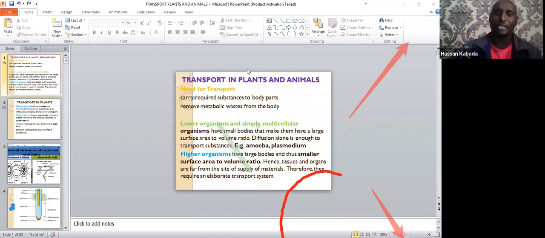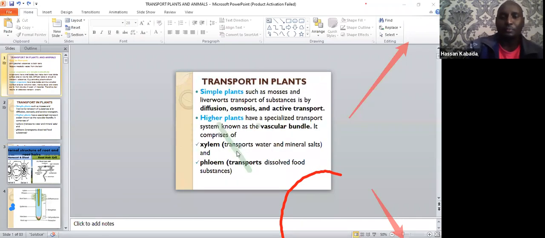When they want to undertake gaseous exchange, simple diffusion is enough, because oxygen that is dissolved in water from the surrounding area can get into the cell of the single-celled organism through simple diffusion. Carbon dioxide can get out through simple diffusion based on concentration gradients. So take note of that.